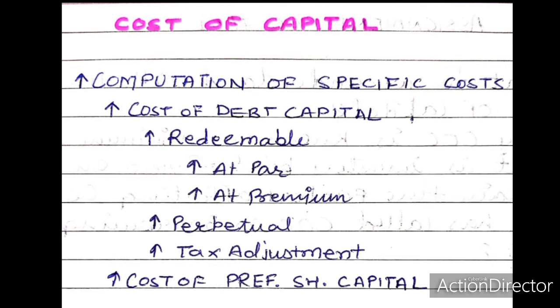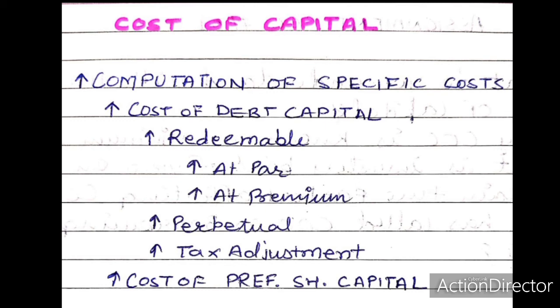Cost of redeemable preference shares. As per the Companies Amendment Act 1966, issue of irredeemable preference shares or shares redeemable after the expiry of a period of 20 years from the date of issue has been abolished. Therefore, in practice, only redeemable preference shares are issued.